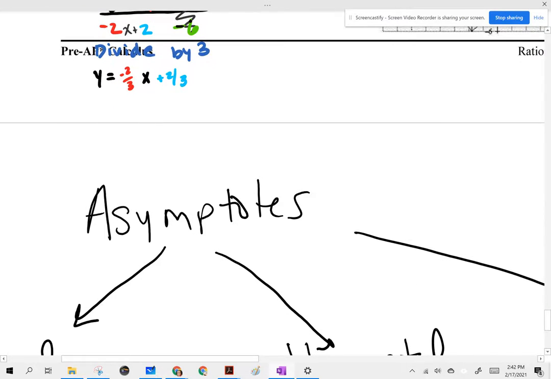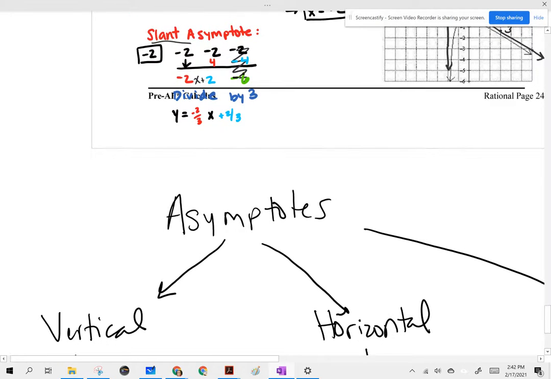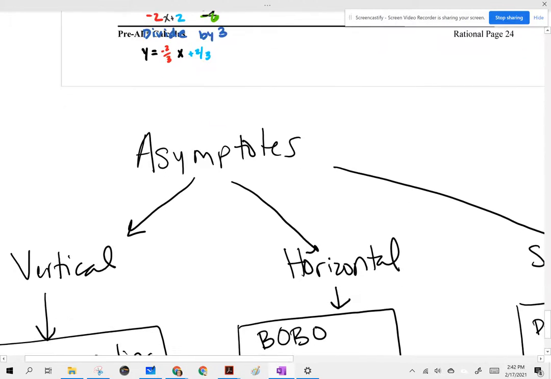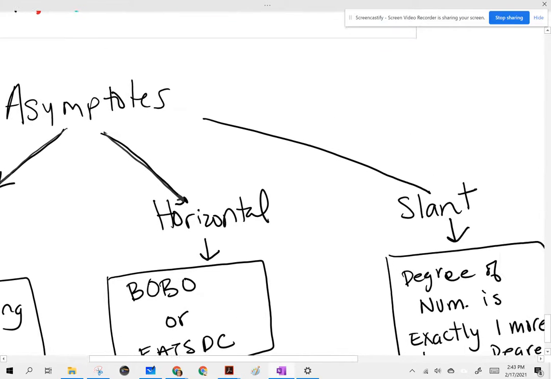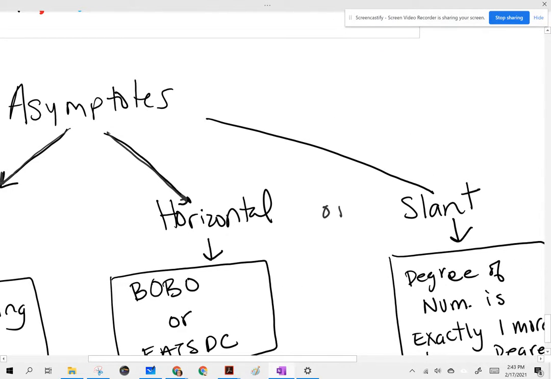One of the things when it comes to asymptotes, I'm going to give you an overreaching idea of how to tell what kind of asymptotes you have. You will end up with possibly a vertical asymptote, a horizontal asymptote, or a slant.